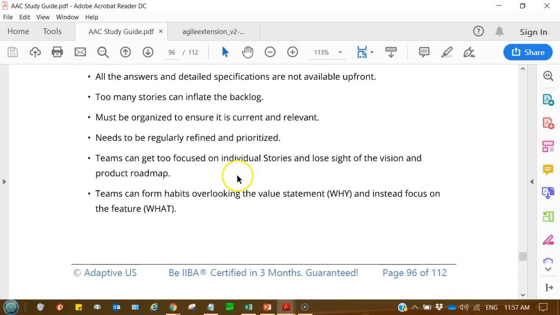Because a lot of what you're doing is breaking things down into smaller and smaller chunks, sometimes your team can lose sight of the overall vision. So you have to be mindful of that and say, at the delivery horizon, we're talking about a small chunk, but that small chunk always fits into the initiative horizon, which is our overall product.